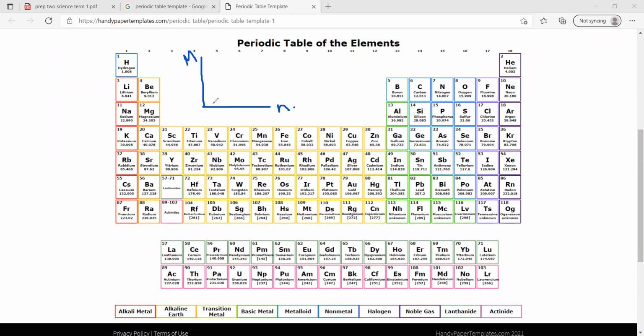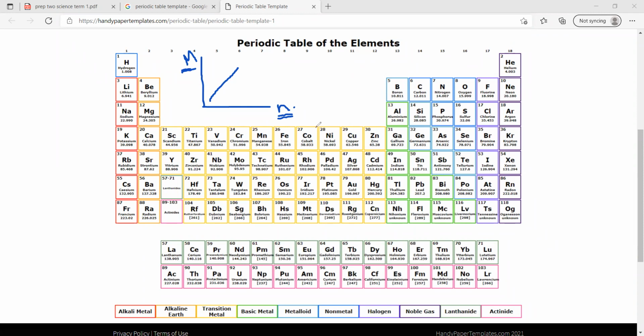It increases, like we said. So they are directly proportional. In the same group, when the atomic number increases, the metallicity increases.